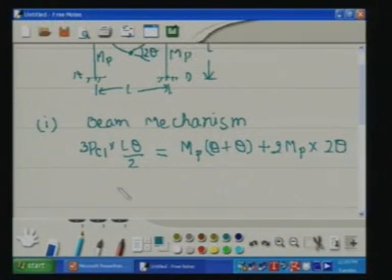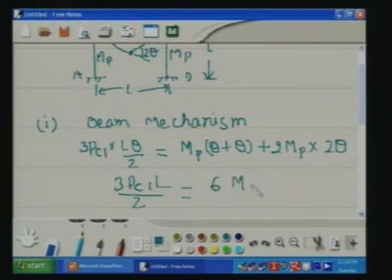So, the equation becomes 3 PC1 L by 2 equals, this is 2 MP theta and this is 4 MP theta. So, it becomes 6 MP, and theta will be cancelled from both sides.